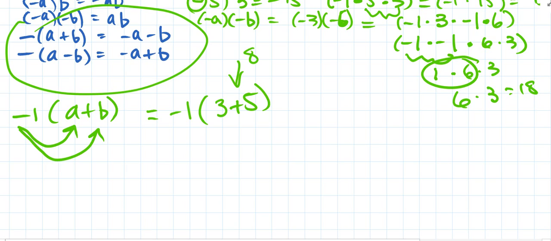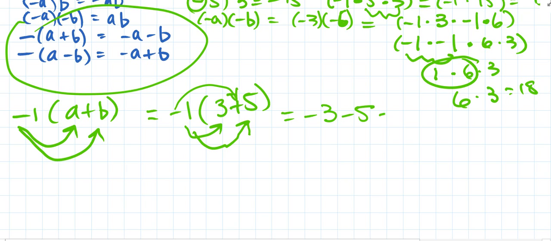And then we multiply by negative 1, we get negative 8. But just to illustrate the distributive property and the property of negative numbers, we're going to first do negative 3, and then we're going to do negative 5. We would get negative 3, the sign then changes, minus 5 gives you negative 8.